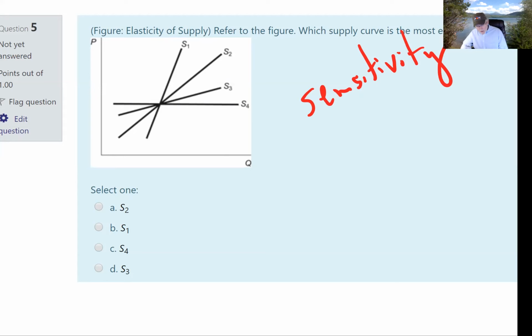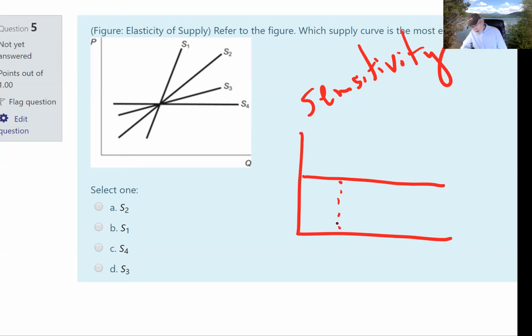Okay, and here S4 appears to be horizontal, which means producers are willing to produce, let's put a number, say 10,000 units. At the original price, say $8, they're willing to produce 10,000 units.